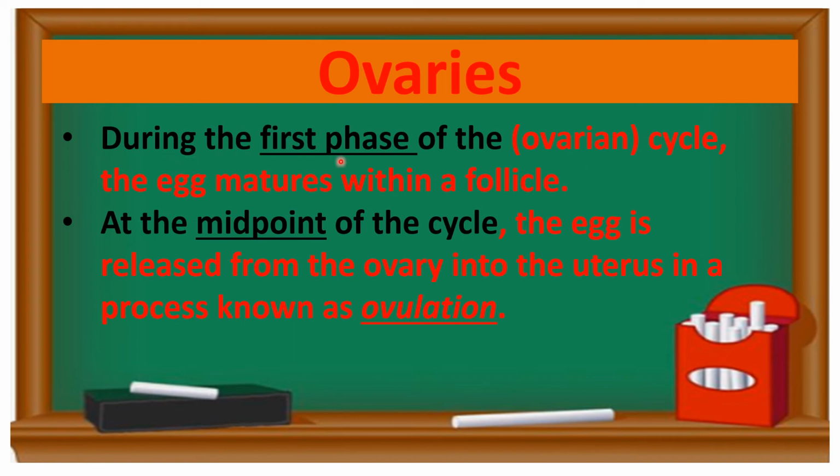Okay, so during the first phase of your ovarian cycle, the egg matures within a follicle. As you know, this follicle is the one that is protecting the egg until it matures.